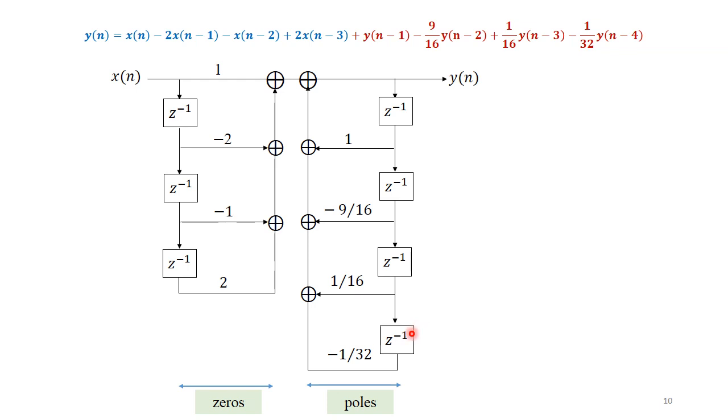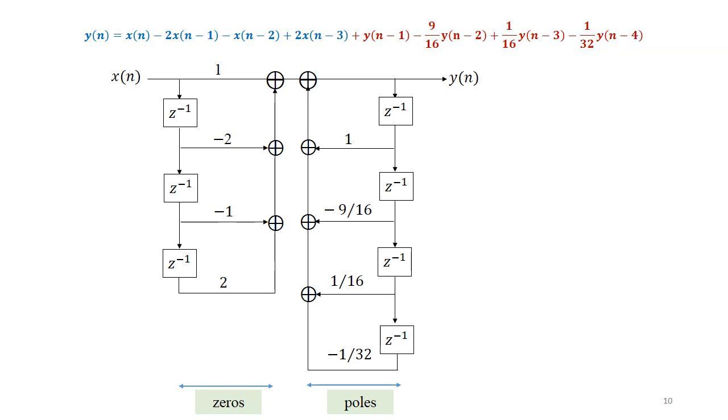Then y of n minus 4, fourth delay element is added and its coefficient is minus 1 by 32. So that has been taken over here, and all of them are added together to realize this expression, and the final result is y of n. So this part is the zeros, that is realization with respect to x. This part is the poles, realization with respect to y.